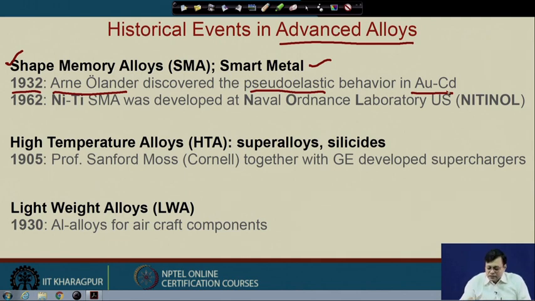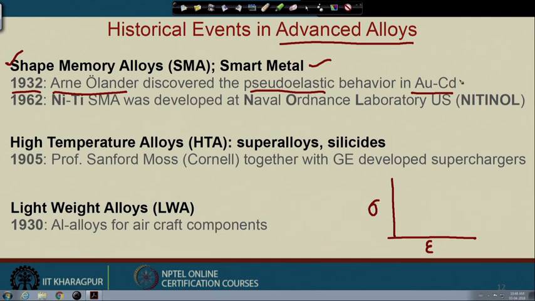So, pseudo elastic here means that if we take a stress versus strain plot of such material, then the material shows such kind of deformation at temperature which is greater than austenite finish temperature. Austenite finish temperature means it is all in austenite.